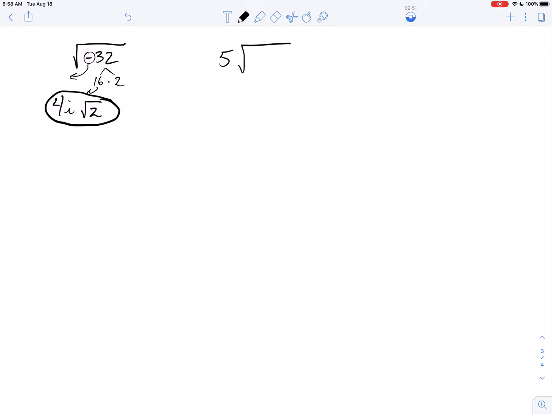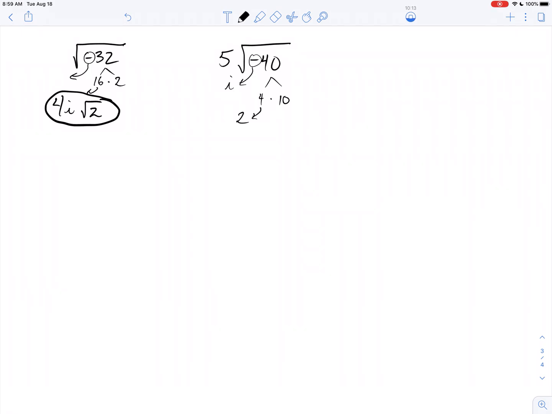What if they gave me something like this? 5 rad negative 40. And I go, okay, there's a number outside. Well, that's okay. I'm going to poke out my eyes. I'm going to say 40 is just 4 times 10. That means I can pull out a 2. So I have a 2i coming outside, but I already had a 5. What do I do with all that stuff? I multiply.